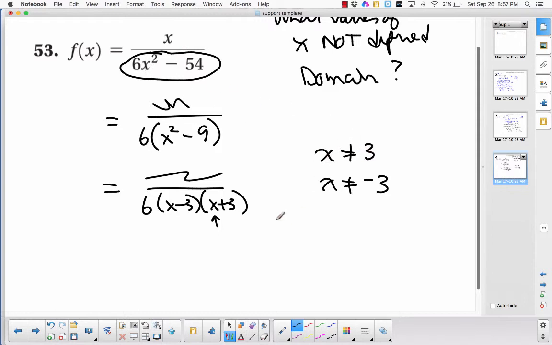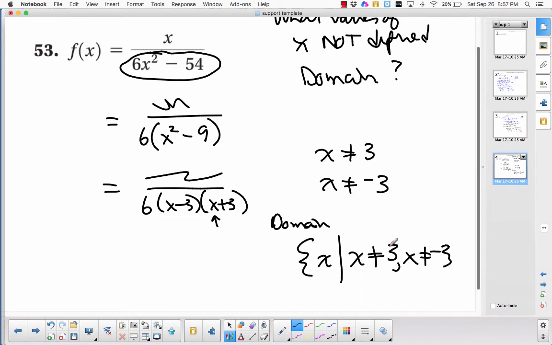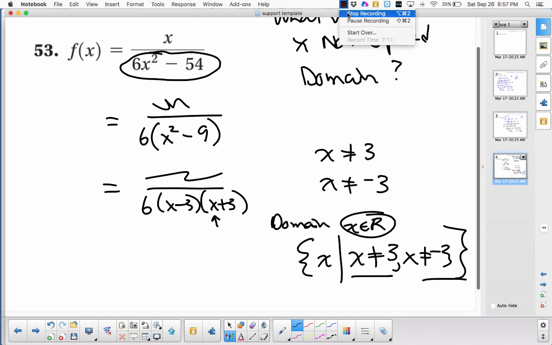Another way of saying that is the domain is the set of all numbers of x as long as x does not equal 3 and x does not equal negative 3. They might put in there somewhere like x is an element of the real numbers, indicating that x can be anything as long as it's not those two numbers. Okay, hopefully that helps you with those 3 questions.